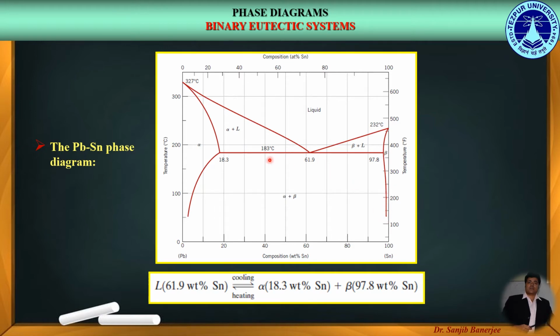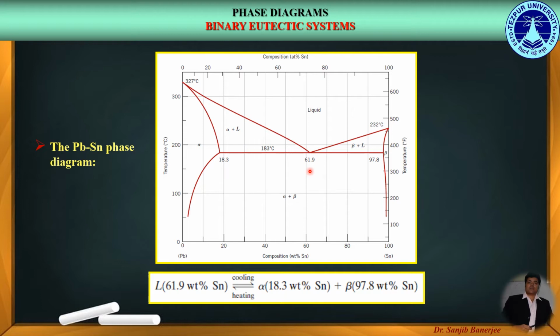Here, the eutectic temperature stands at 183 degrees centigrade, while at the eutectic point the composition is 61.9% of tin.